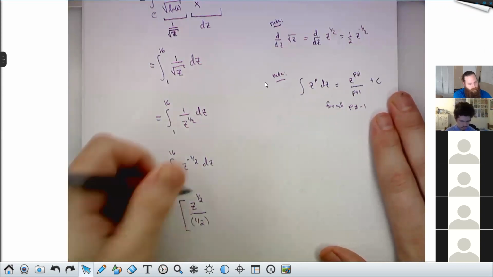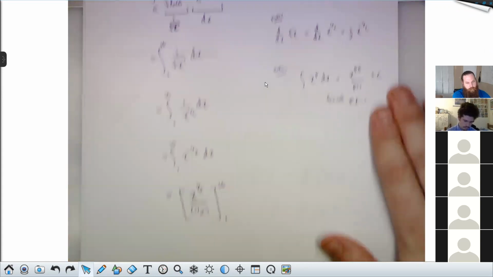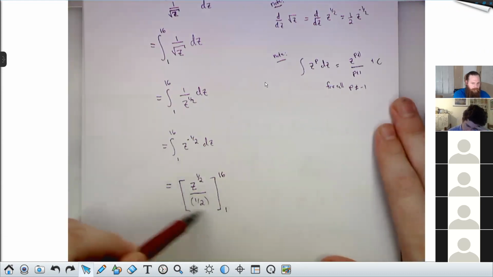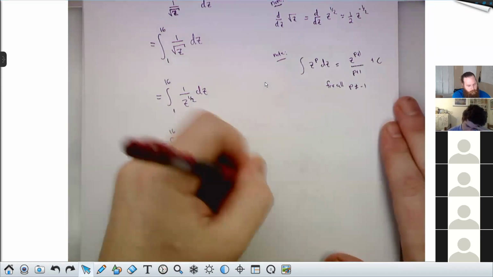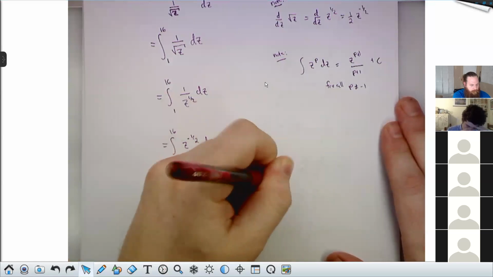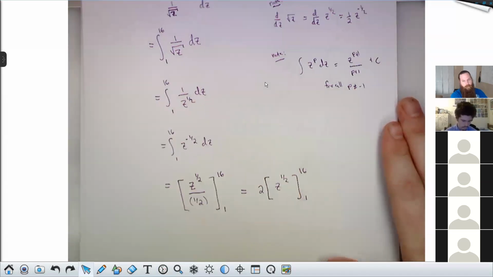So this is my antiderivative, and I need to evaluate it between bounds. I can clean up this divide by 1/2. That's the same as just multiplying by 2, and I can pop that out of my evaluation brackets. That looks a lot nicer.